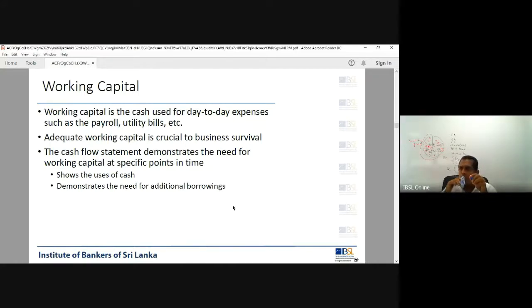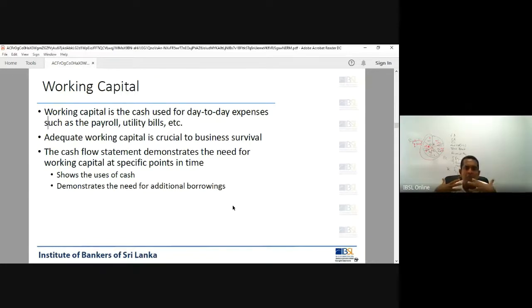Working capital. Working capital is the money required, the liquidity required for day-to-day operation of the business, right? So we need that. You can have machinery, but if you don't have working capital, as I told you with the printer example, you will have issues.